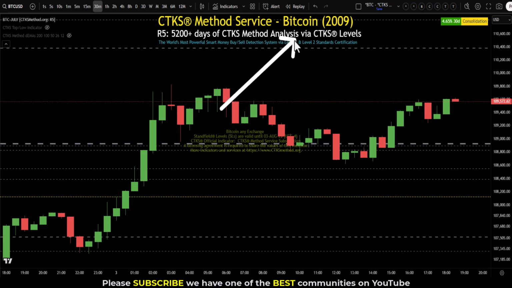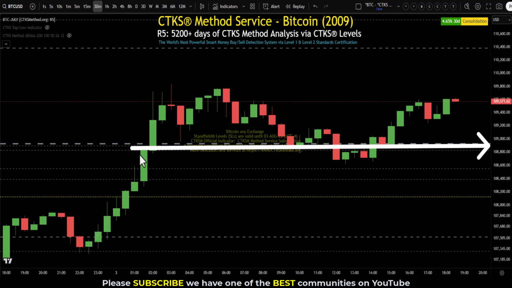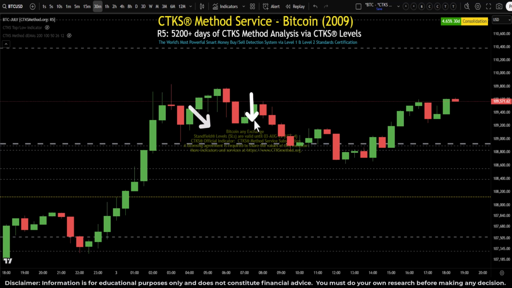When we look at Bitcoin, we can see that Bitcoin in the past 24 hours just did a bit of a bolt up to this overhead structural resistance around that 109 area. Each and every month there are updates to the CTKS method. This is because when you mark up your charts with level 1 and level 2 standard certification, you get a changing picture of the markets.